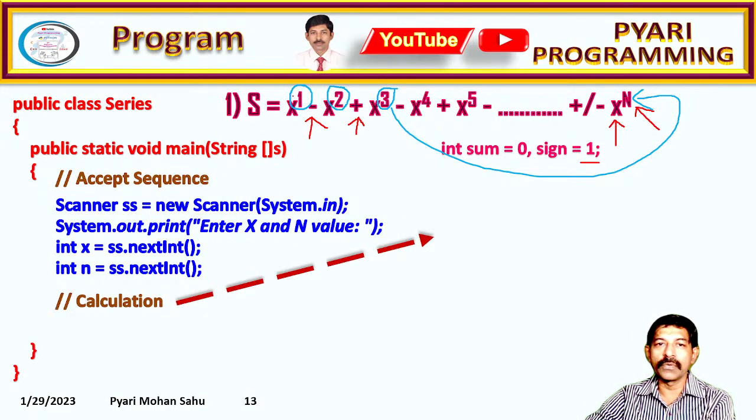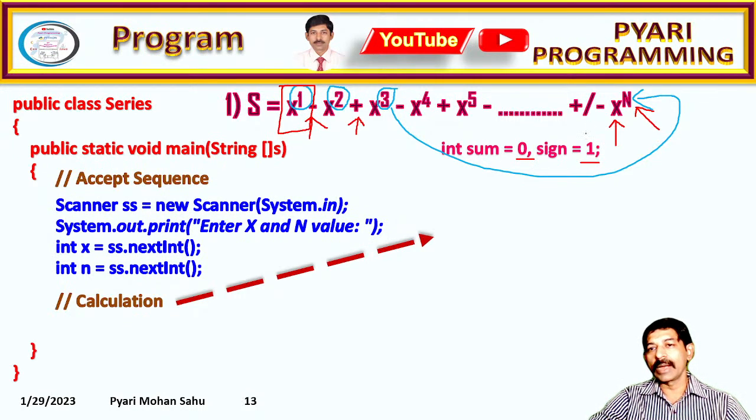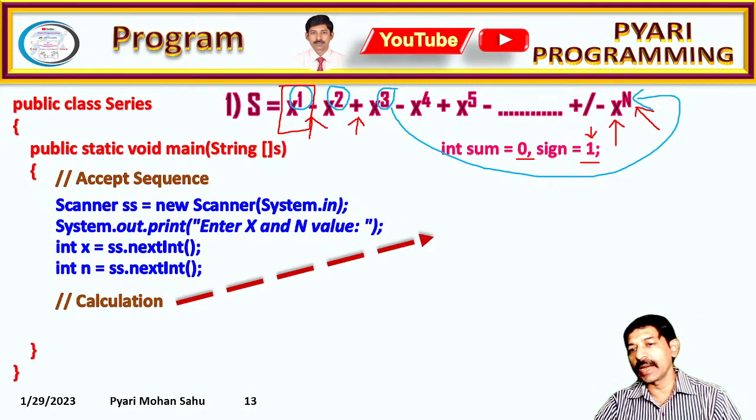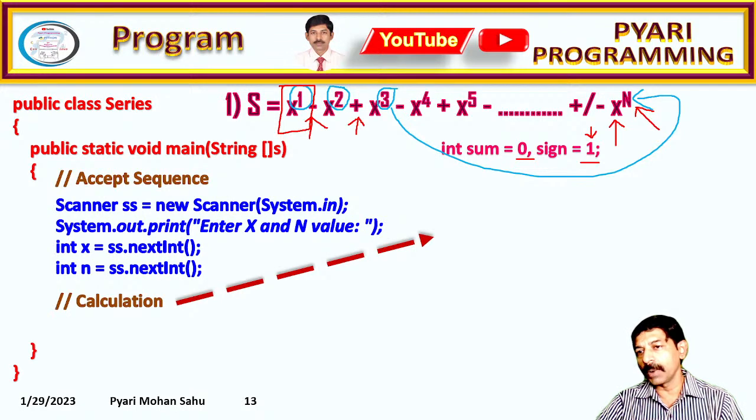Look at over here, the first value that I am having is positive. So I am taking sum as 0 and sign as 1. Understood why sign is 1? Anyone having doubt why sign is taken as positive 1? Last time we took minus 1. This time we are taking plus 1.